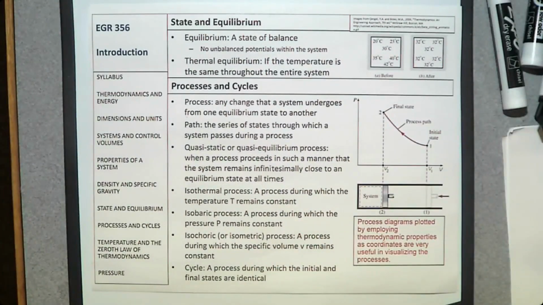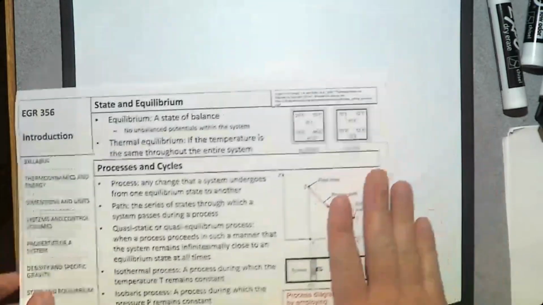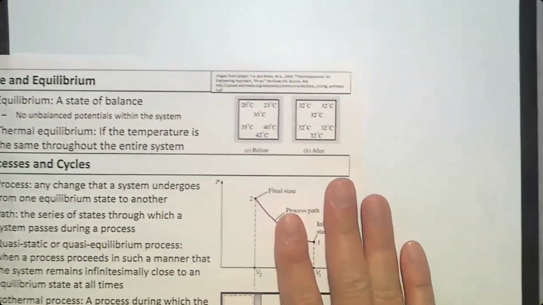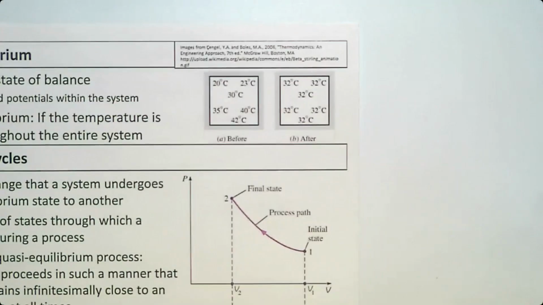State and equilibrium. Equilibrium is a state of balance. So if you look at this sphere right here, once you change a property of a system, or once you provide heat or remove heat, provide work or remove work from a system, initially it is possible that there is a heterogeneous distribution.